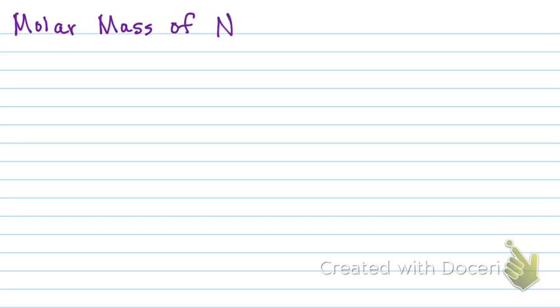So the molar mass of sodium chloride, NaCl. How do you think we do that? Well, we're going to find the molar mass. We have 1 sodium, right? With 1 sodium, and that has a molar mass of 22.99 grams per mole, right?